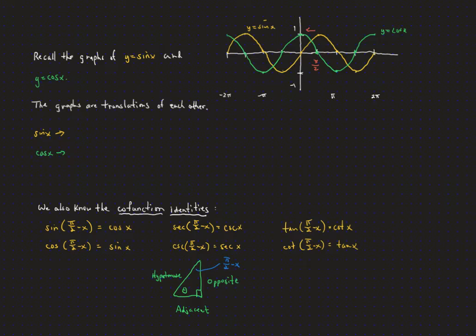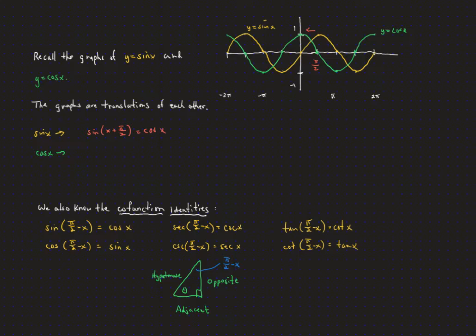That is, if we did sine of, and to move that left pi over 2, we would go x plus pi over 2. That would be exactly equal to a cosine curve.